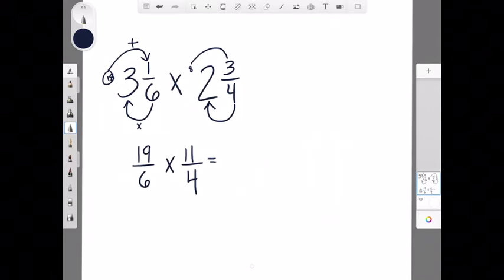We're going to take the prime factors of each of these and simplify it before we multiply. Well, 19 is a prime number, so that's just going to be 19. 11 is a prime number, so that's going to be 11. 6 is 2 times 3. 4 is 2 times 2. And there's nothing we can cross off in this particular case.